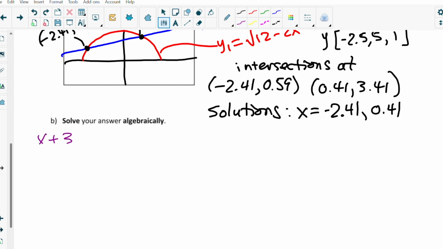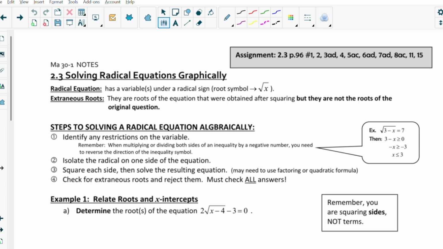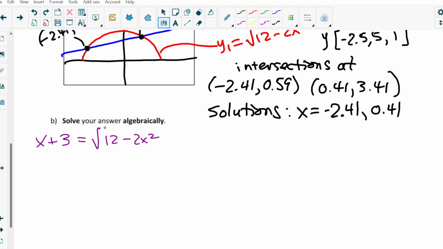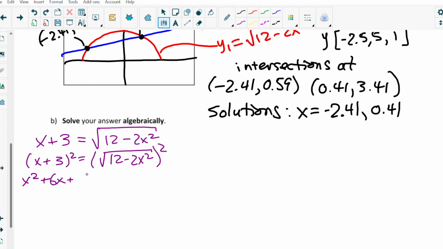I have x plus 3 equals the square root of 12 minus 2x squared. The radical is already isolated, so I'm going to square both sides. I have x squared plus 6x plus 9 equals 12 minus 2x squared.